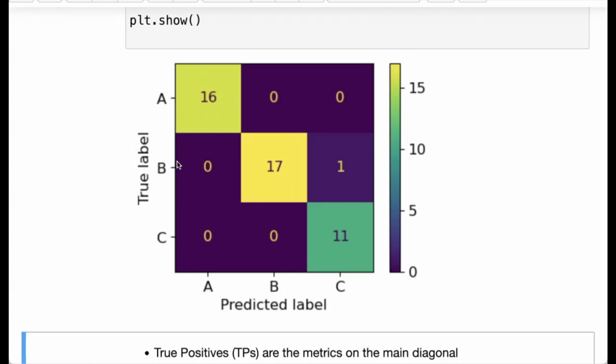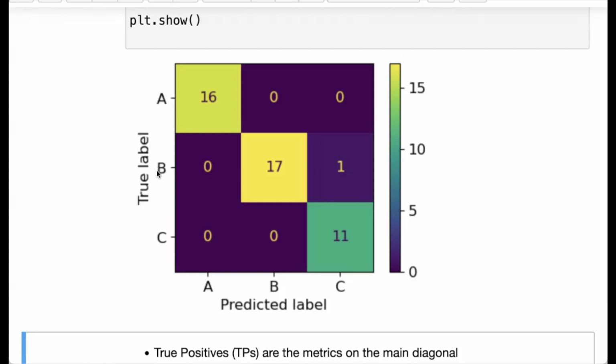The same thing with class B, right? So we have 17 here. But something we have to be careful about here, and I was close to missing this, is that we also have 1 here.